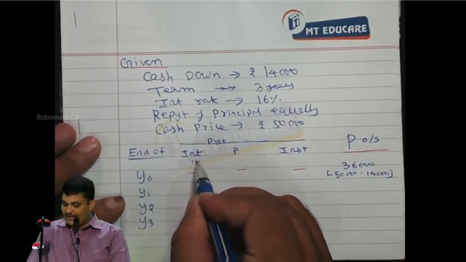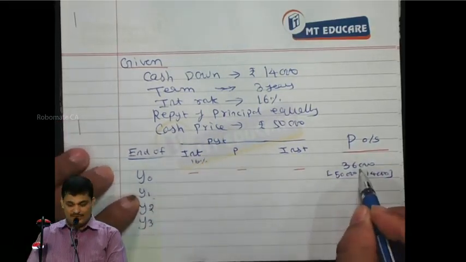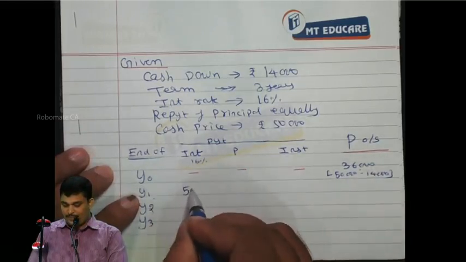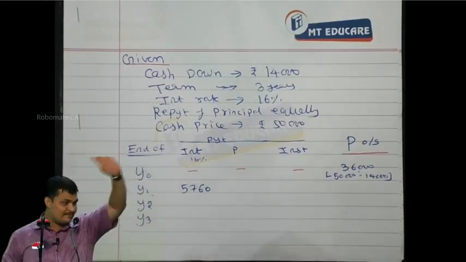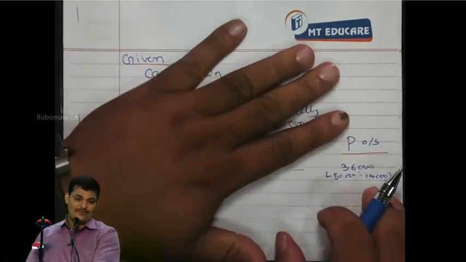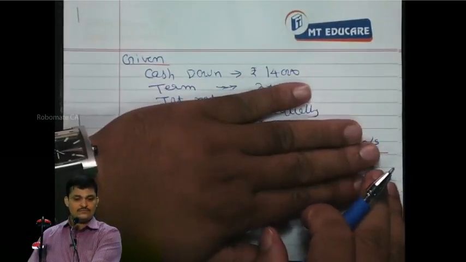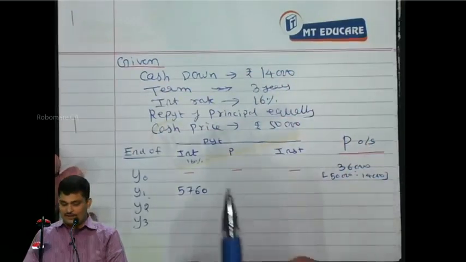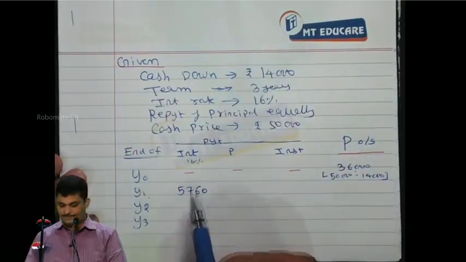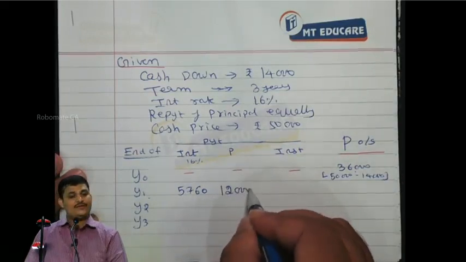Now interest at the rate of 16% for year 1 will be charged on 36,000. That is 5760. Are you all following? I want your attention rather than copying. Listen, try to understand it. So it is 5760. Now I know that principal should be repaid equally.